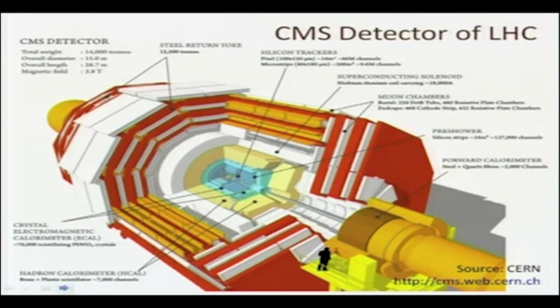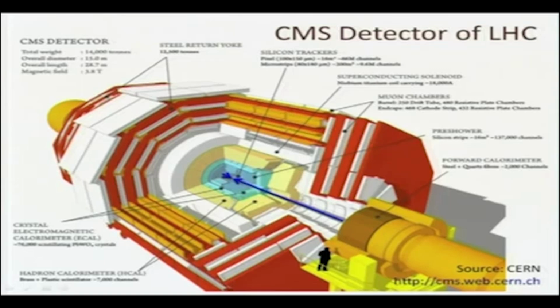The CMS detector has many different parts, as you can see. Basically, the beam pipe is at the center along the axis, surrounding the two blue arrows that we have in this picture, and this is surrounded by different layers of detectors.